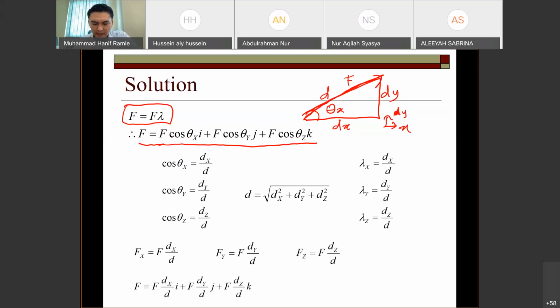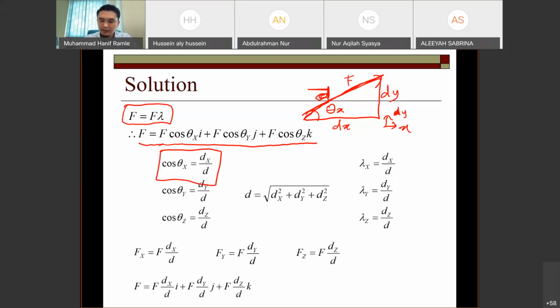According to the Pythagorean theorem, you can get d here, and according to the cosine rule, you will get this equation. Okay, can you get it? Yes, doctor. Okay, great.